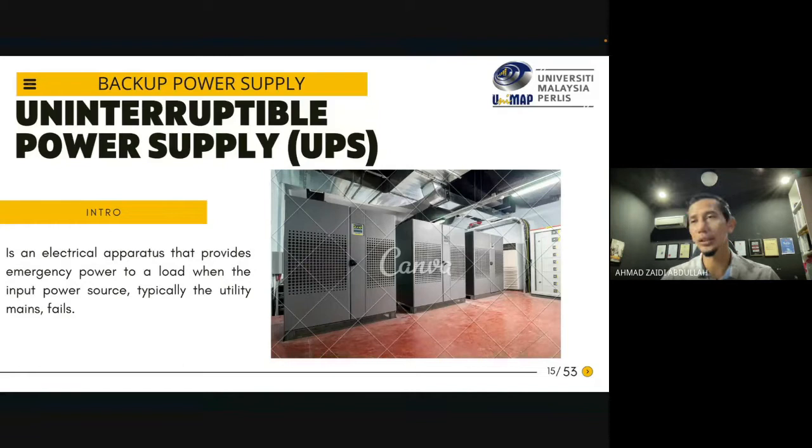So let's say you get a project after this during your working life, and the owner requests you to add a UPS for their backup system.